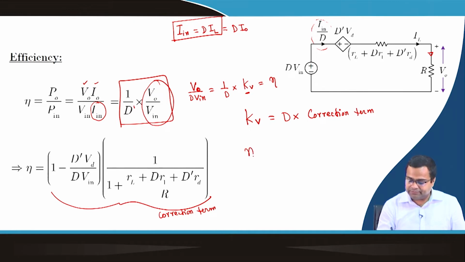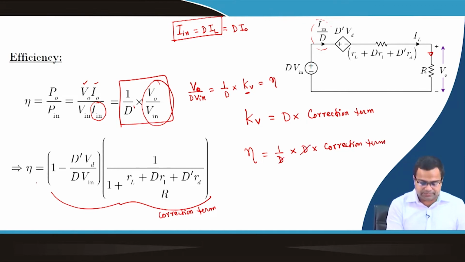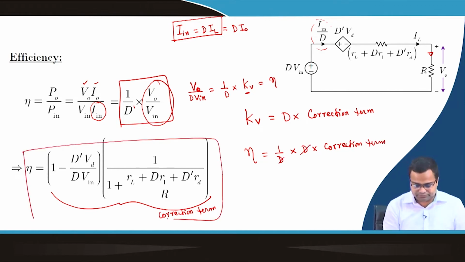That means my efficiency is 1 by D times D into the correction term, and this is cancelled. So, this efficiency is simply the correction term.